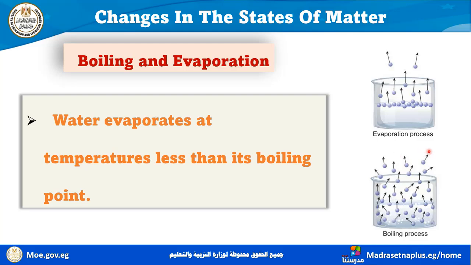In the evaporation process, some molecules at the surface of our liquid start to leave the liquid by gaining some energy and turning from the liquid state to the gaseous state. And this is what happens during the evaporation process.